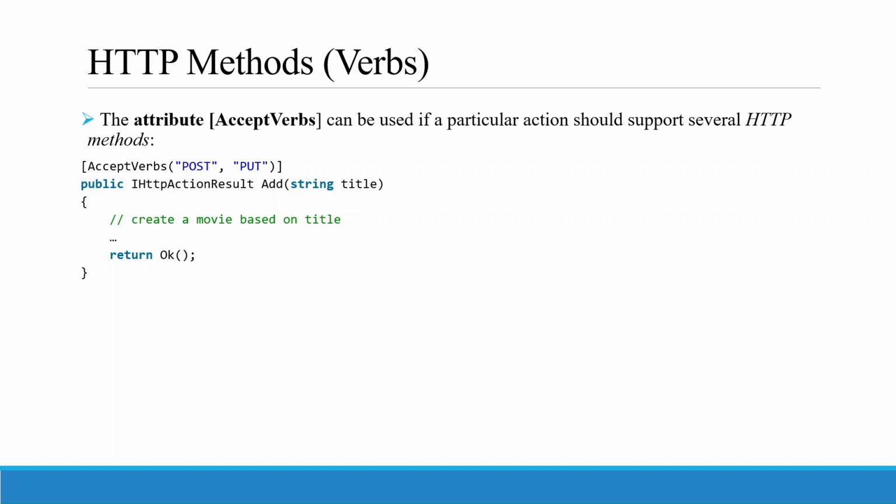In order to specify to the server that we want to handle these two cases, we can use the attribute AcceptVerbs with two parameters, POST and PUT respectively. Of course, in practice, it's recommended to have two separate actions. One for the create scenario, okay, one that uses the method POST, and a second action, one used for updating information about an existing resource, about an existing movie.